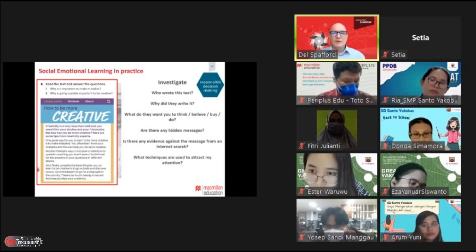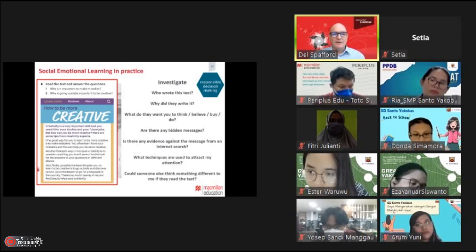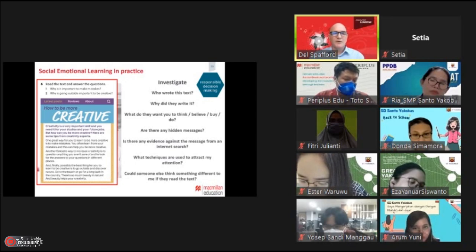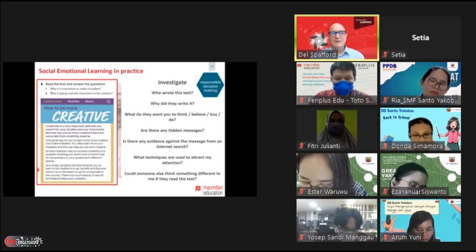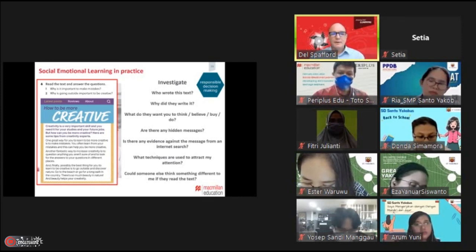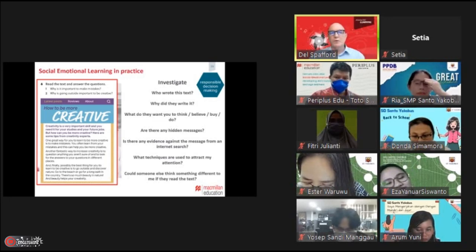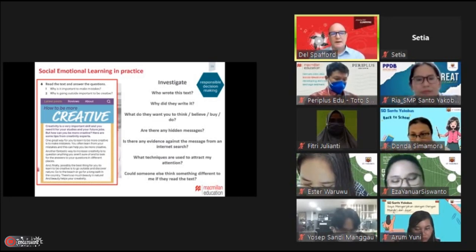So all these ways of looking at text and answering these difficult questions could be interesting for learners to get a deeper understanding of our texts. This is particularly useful for older learners who may be moving from secondary school into a university setting where they have to be much more critical about what they read and what they write as well.